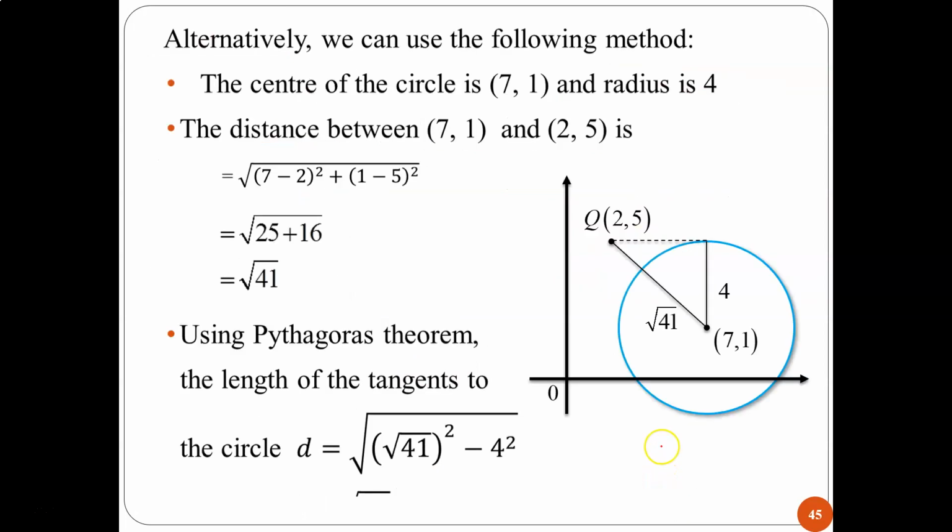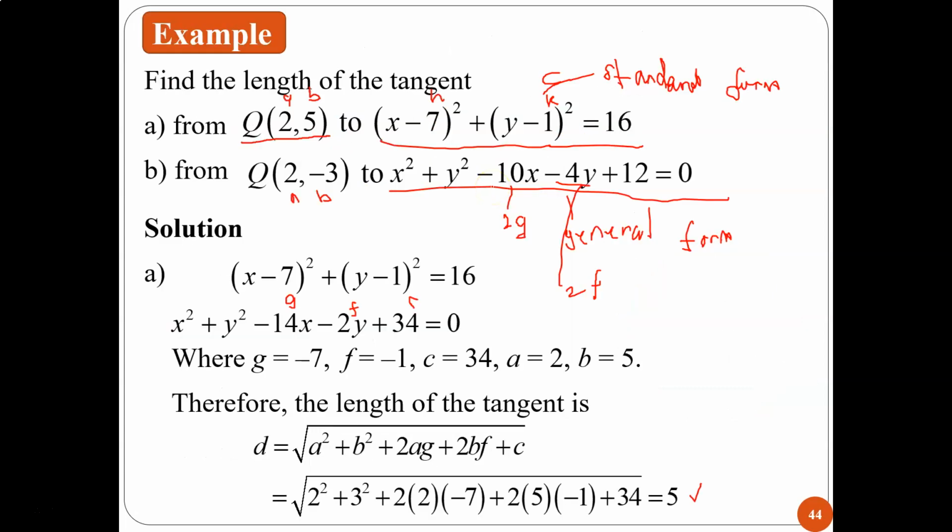Okay. So alternatively, we can use the following method. There is another example. This method uses the center of the circle. Let's say the center of the circle is 7, 1 and the radius equal to 4. So the distance between 7, 1 and 2, 5.